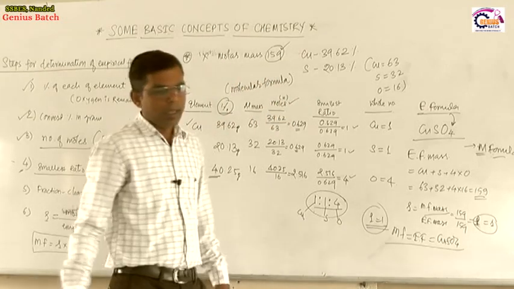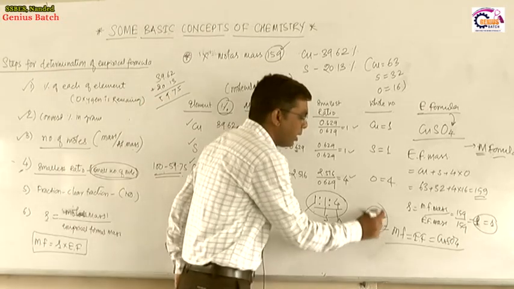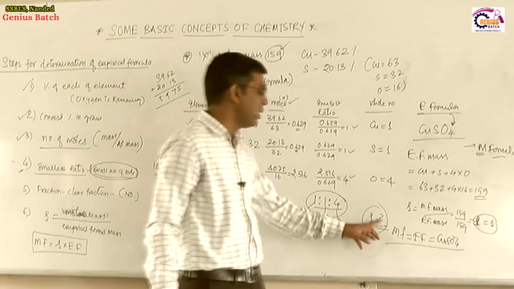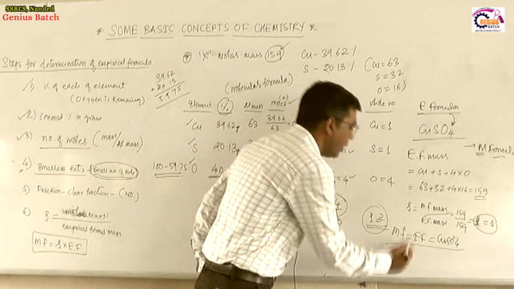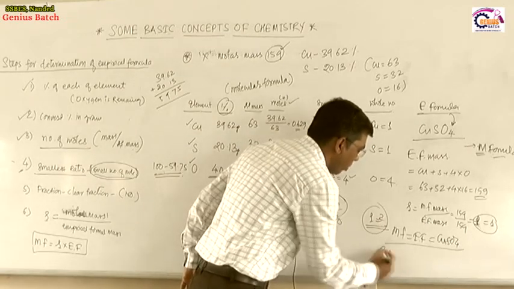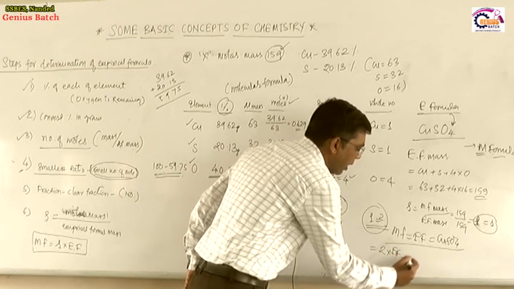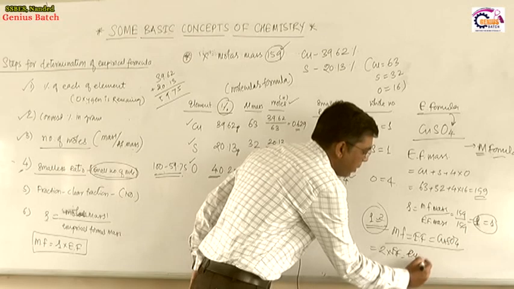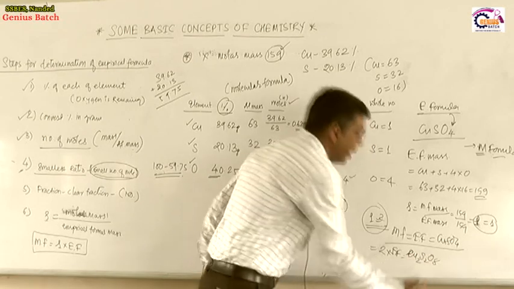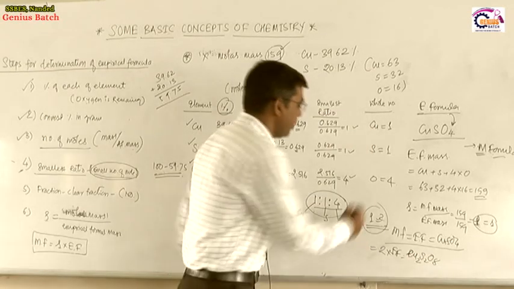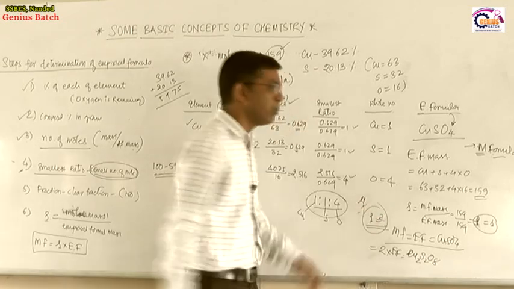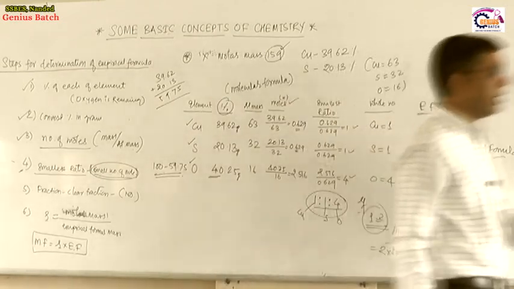If the value of n comes to be 2, then the molecular formula will be 2 into the empirical formula. It will be 2 copper, 2 sulfur and 8 oxygen. If the value of n comes to be 2, then it will be different.